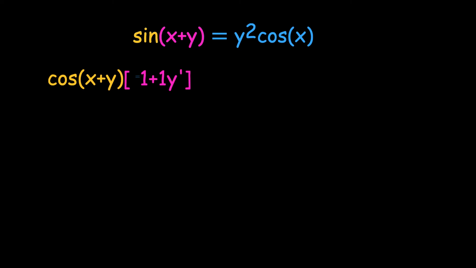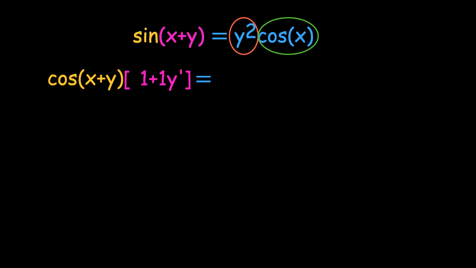And that is equal to the derivative of y squared cosine of angle x. As you can see, the right side of the equation has two factors. We have y squared and cosine of angle x. So we need to use product rule. In order for us to use product rule, we need to get the derivative of the first factor.